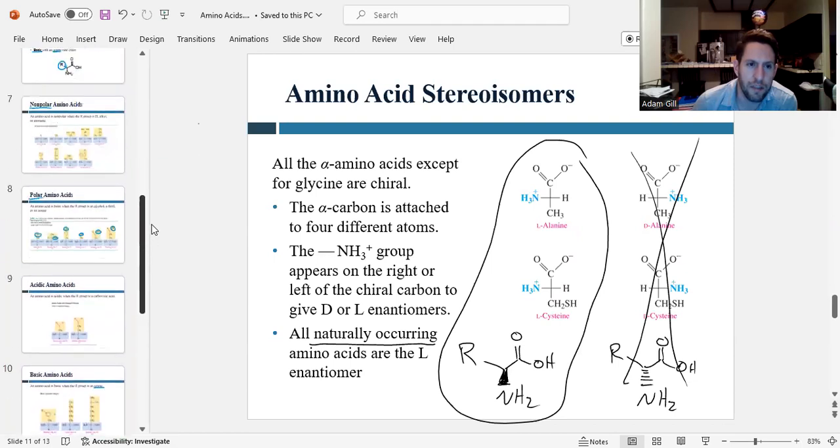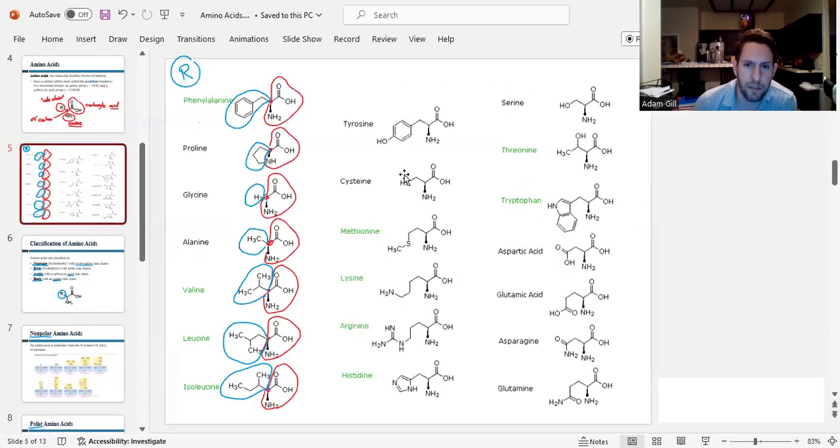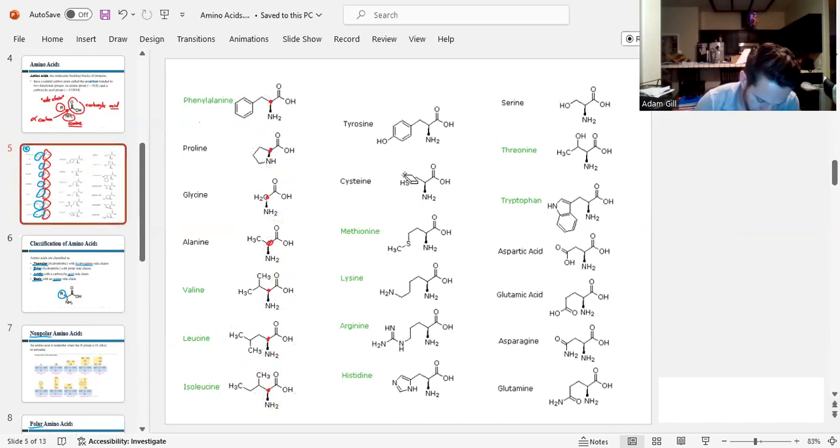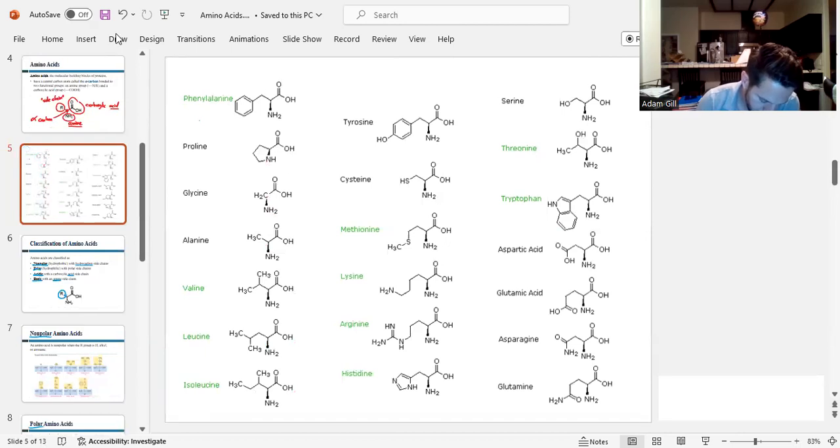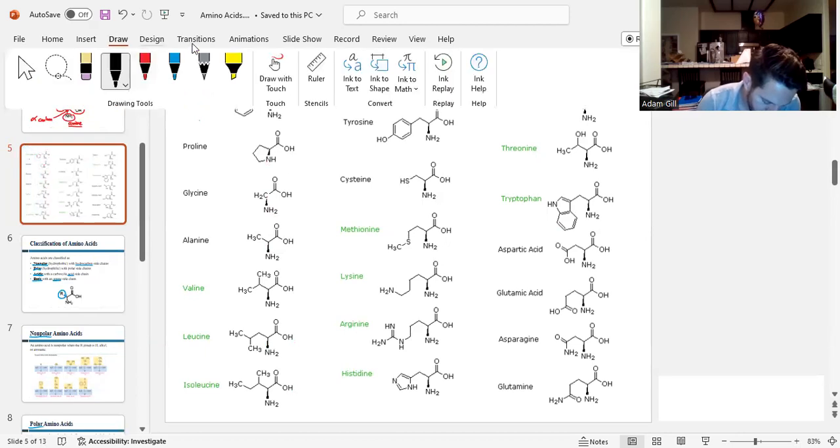Now, of these 20 amino acids that we looked at, highlighted in green are some particularly important ones.